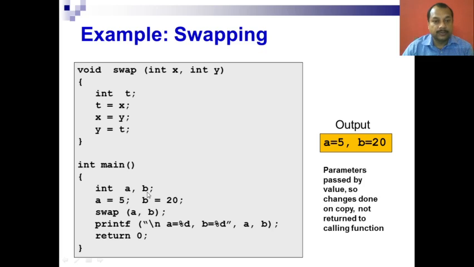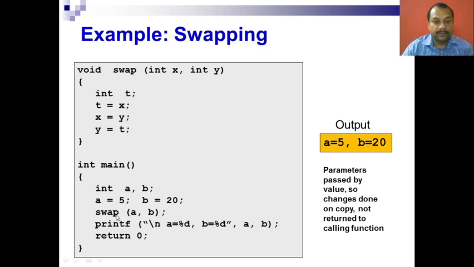This is just for demonstration purposes; it can be integer, floating point or anything. My intention is to check whether call by value works if I wish to swap the content of these two variables. So a equals 5, b equals 20, and if I print here the values of a and b, it will print 5 and 20.